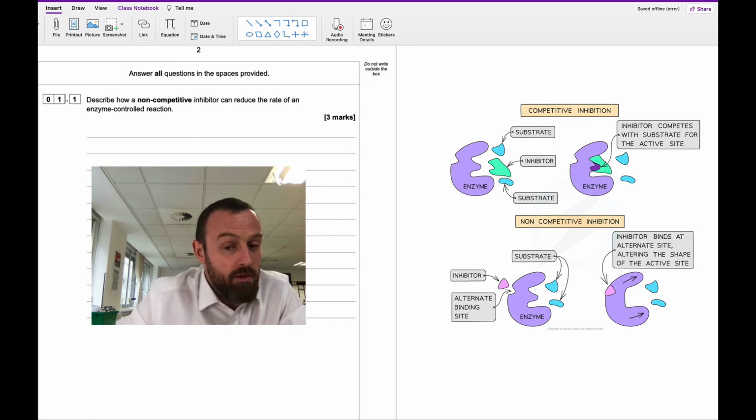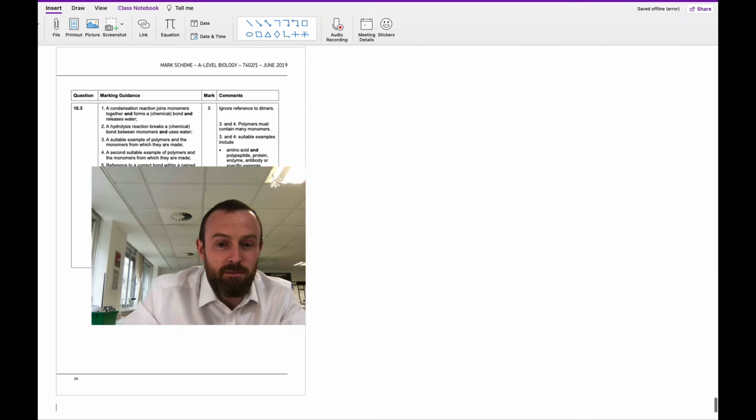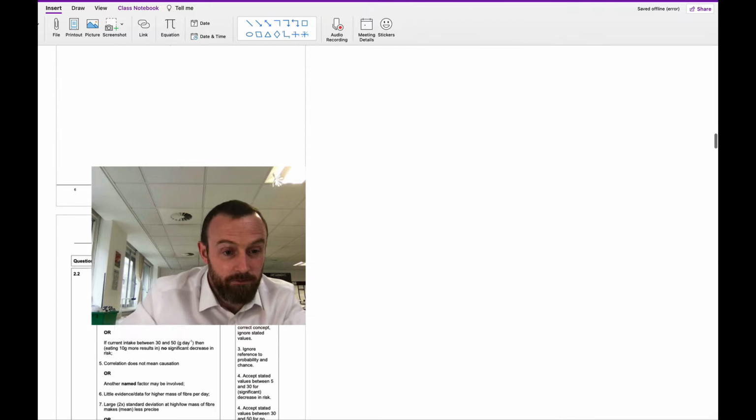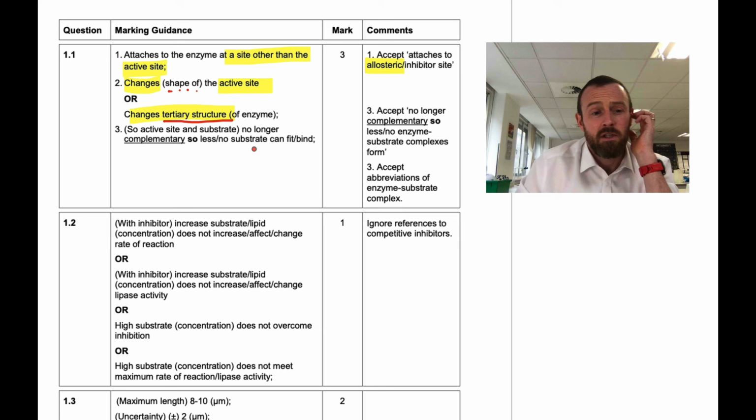Let's double check the mark scheme to check if there's any really specific language that you need to use. Attaches to the enzyme at a site other than the active site. You can say allosteric site. Changes the shape of the active site or tertiary structure. I've seen a lot of mark schemes are even more specific. They require you to say tertiary structure, and sometimes they don't even accept shape.